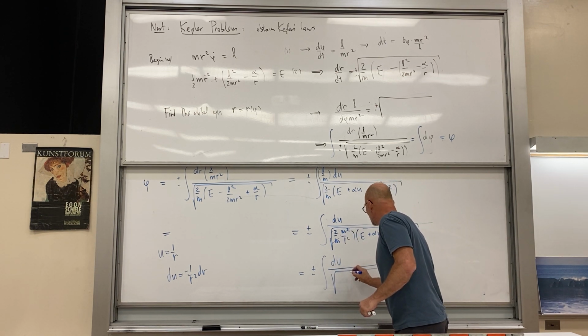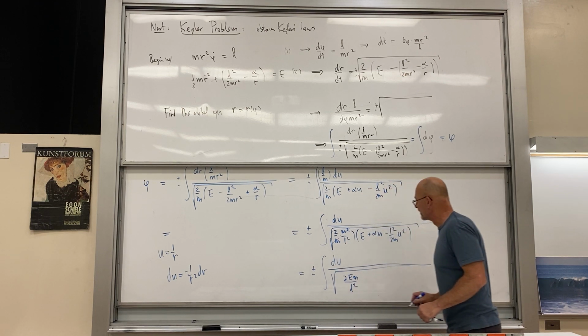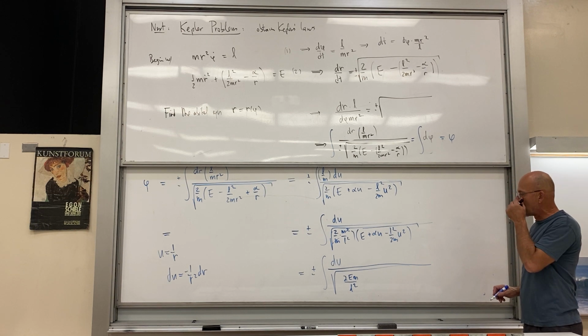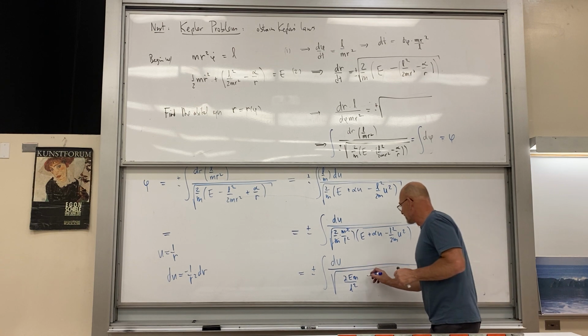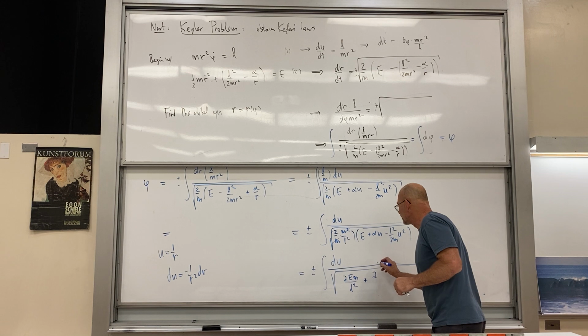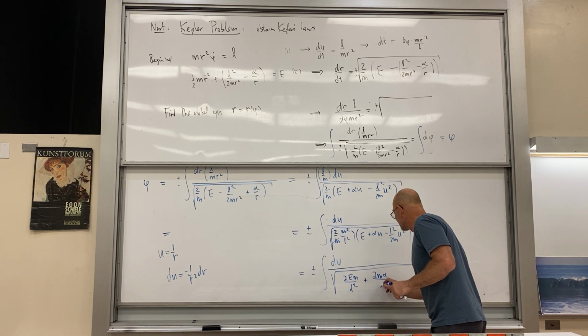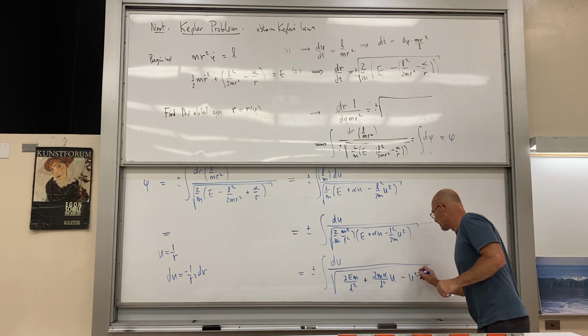over the square root of 2Em over L squared plus 2m alpha over L squared u minus u squared.